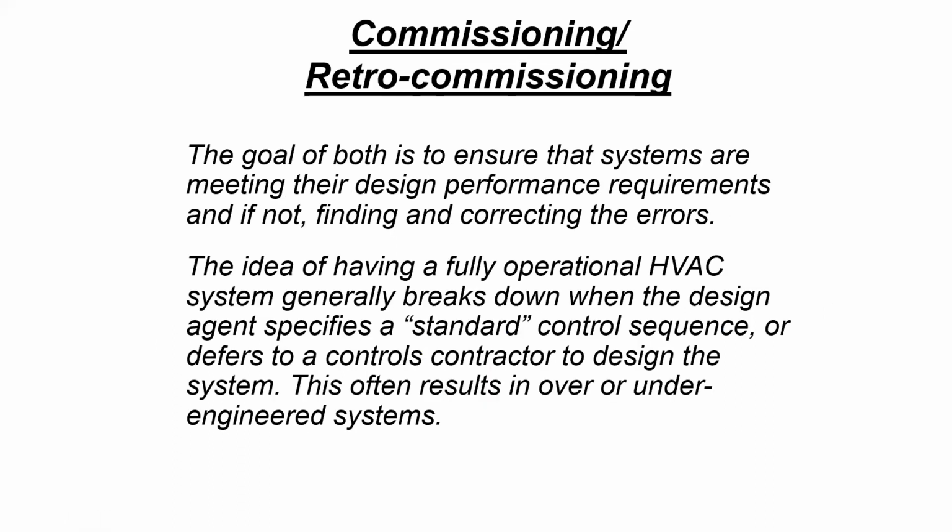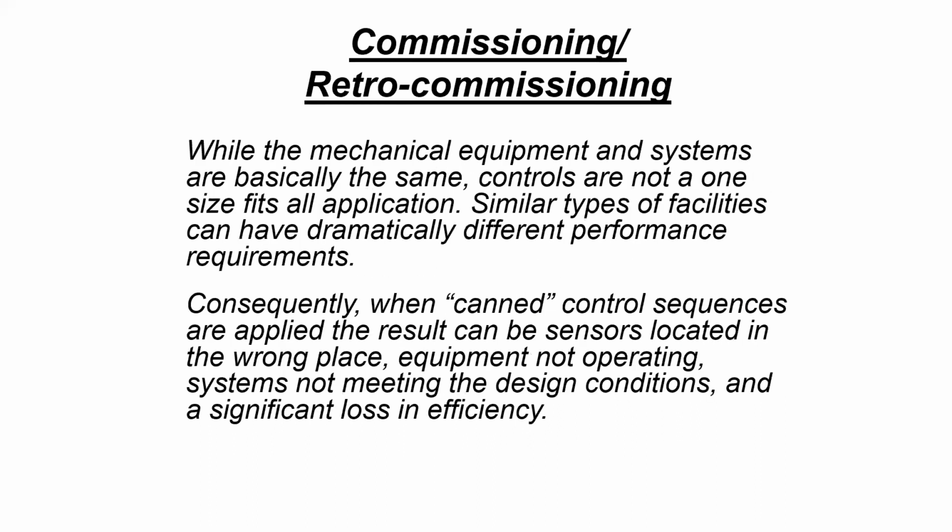Commissioning and retro-commissioning are important. The goal is to make sure the HVAC system is working based on the design conditions and a standard control sequence. No one approach works for all systems, so we have to make sure that for the application the HVAC system is installed in, the approach is working perfectly.